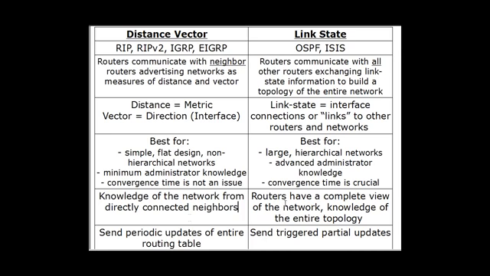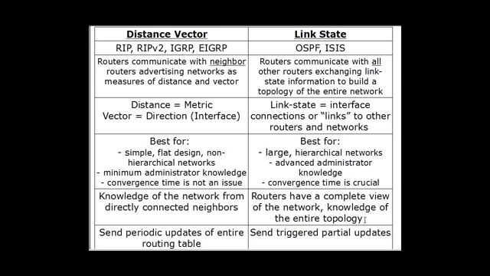But in a link state routing protocol, the routers don't just know from router to router. Routers have a complete view of the network. They have the knowledge of all of the links that all of the routers have, and so they have knowledge of the entire topology, and then they can build the best path to a network based on information from all of the routers.